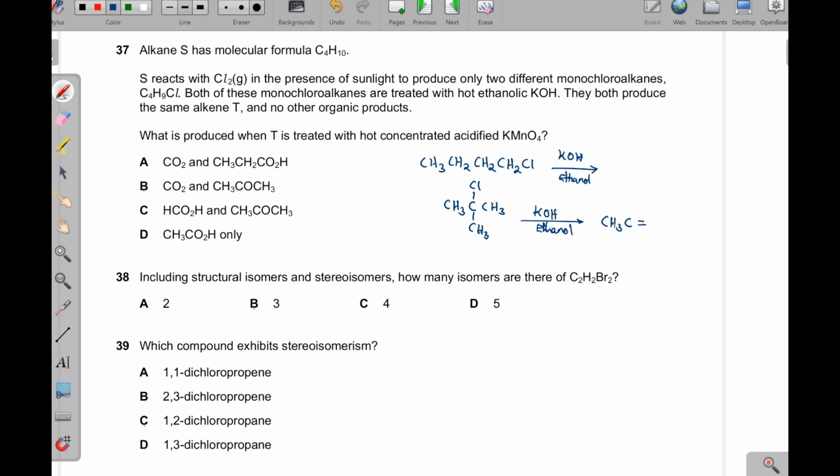It is the one that has lost the hydrogen. Then CH3. And even this one can lose, this one can lose, this one can lose. They will all give you the same product.